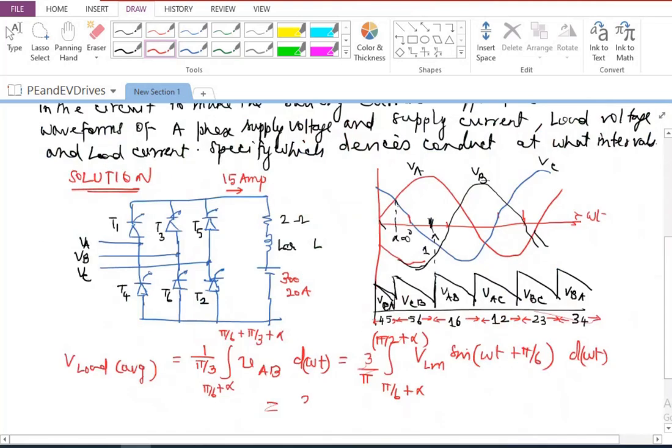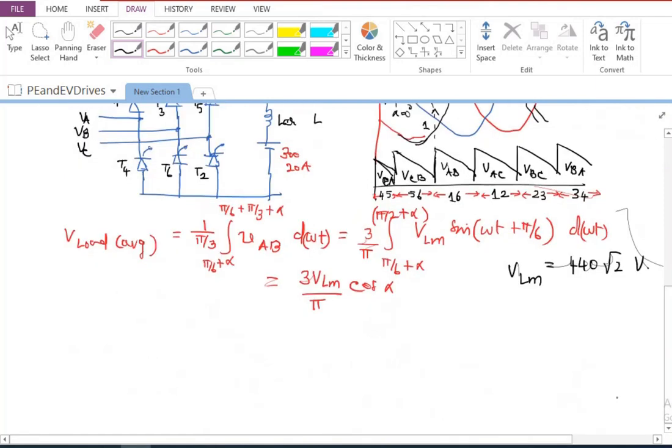So we can write this as 3VLM divided by pi cos alpha, where we are going to write VLM to be 440 times root 2 volts. That's what we said. So now let us try to write this as V load is going to be equal to 3 times 440 times root 2.